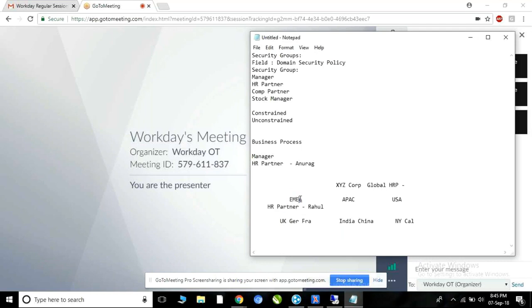We will go to this security supervisory organization, and there we will assign the security group called HR partner to the person who is from USA. So he will come and take up that HR partner role in EMEA. Even if he's not from EMEA, it's fine, he can take up the HR partner role for EMEA. So we specify one HR partner role for EMEA, and then we have one HR partner role for USA. Exactly.